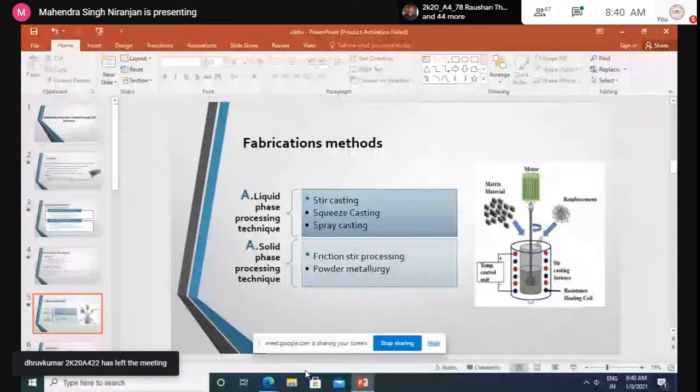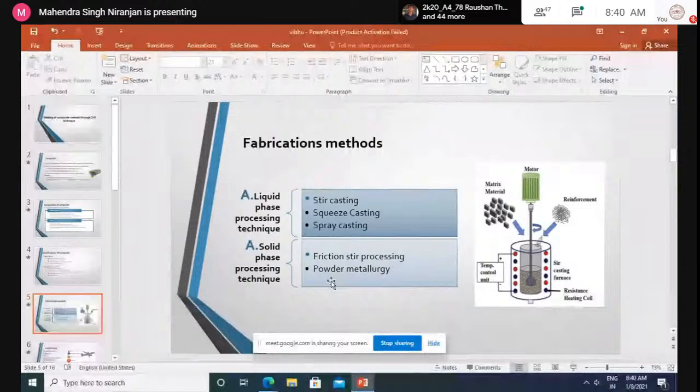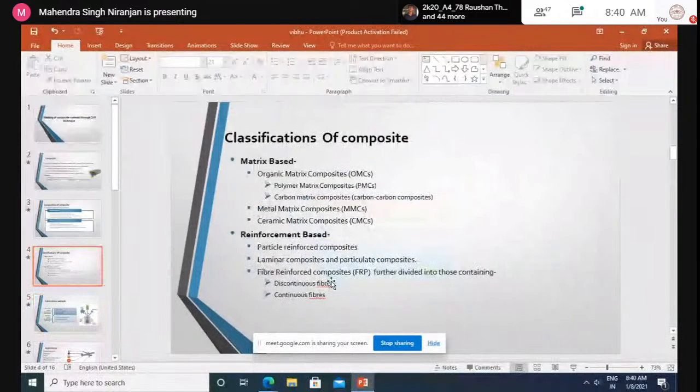So a composite material can be developed in our lab, in different labs, by using different processing. Friction stir processing we have in our DTU to develop the composite material. Stir casting is generally the practice we follow to develop the composite.